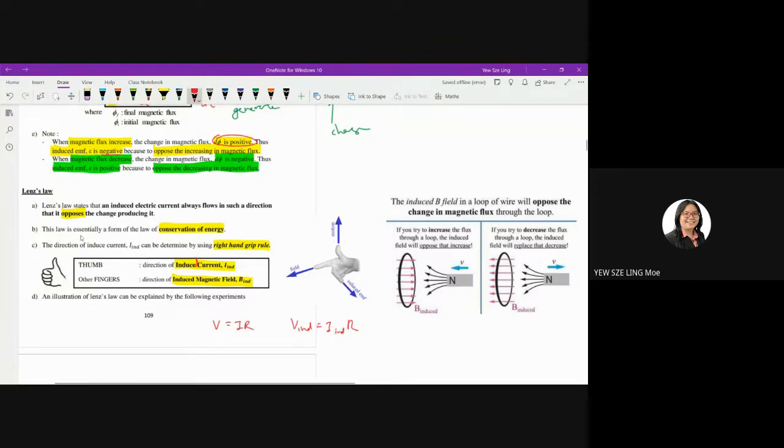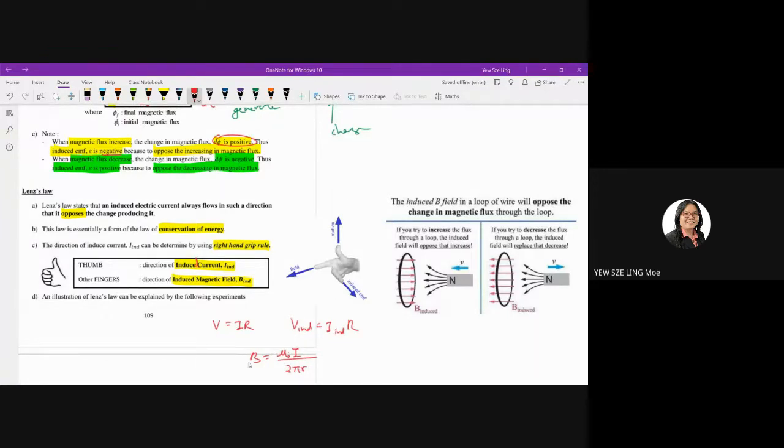So for example, if we calculate B, F equals to IL cross B. I have an equation for a conductor, B equals to mu naught I over 2 pi r.